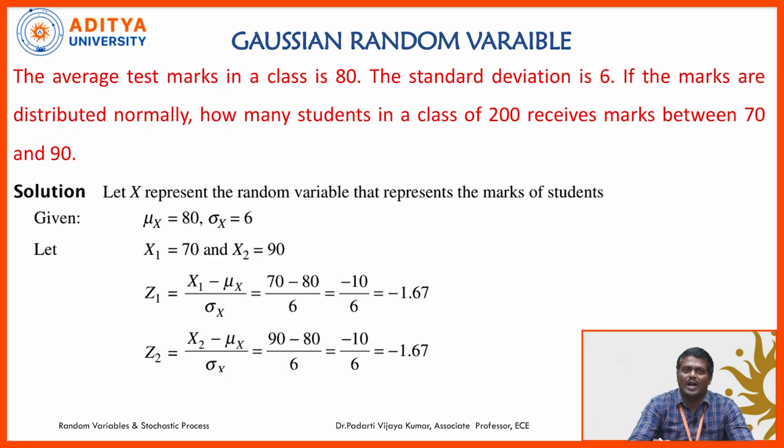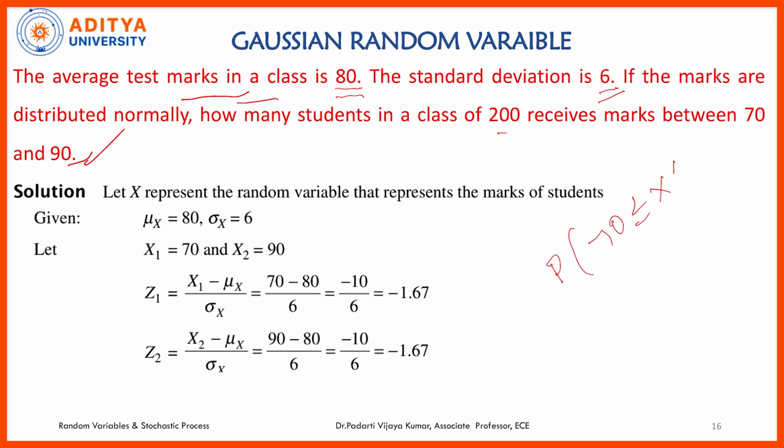And this is a more practical example. When an exam is conducted, let us say the average test marks in a class is 80 and the standard deviation is 6. If the marks are distributed normally, how many students in a class of 200 receive marks between 70 and 90? So, the probability of x lying between 70 and 90.